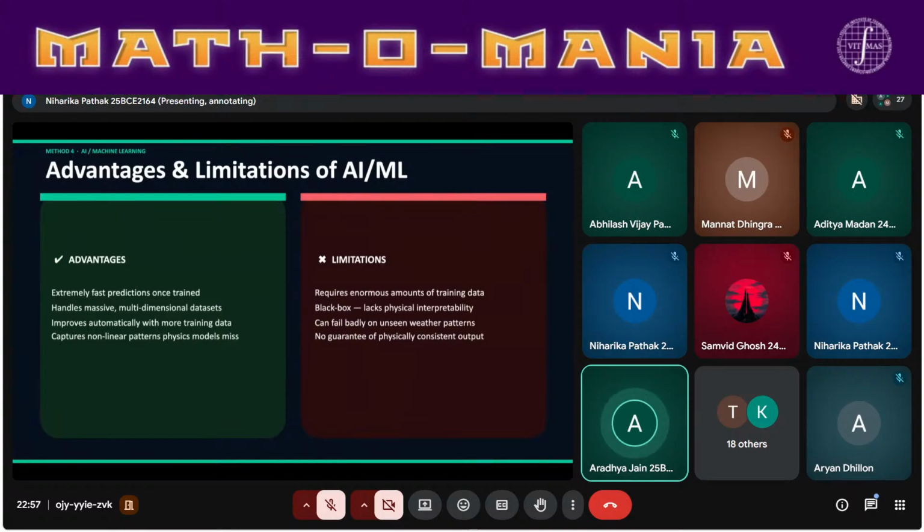It lacks physical interpretability, as it does not really tell us a lot about what could happen. And it can fail badly on unseen weather patterns. This is important because, let's say an AI learns about a particular weather event from past predictions, right?